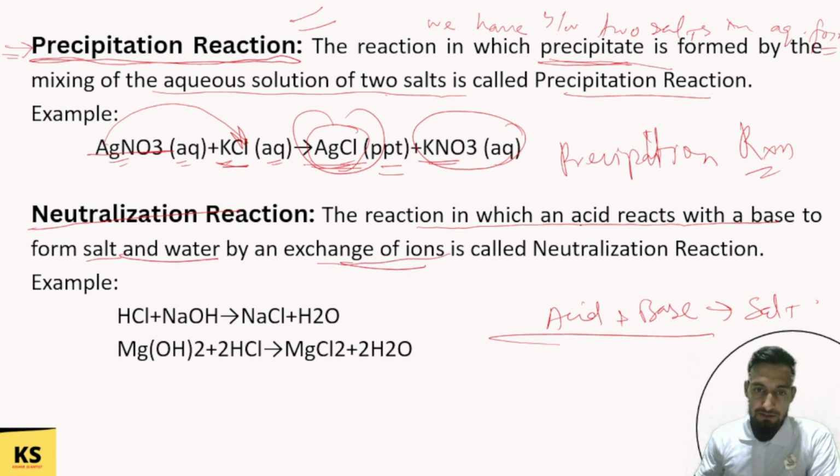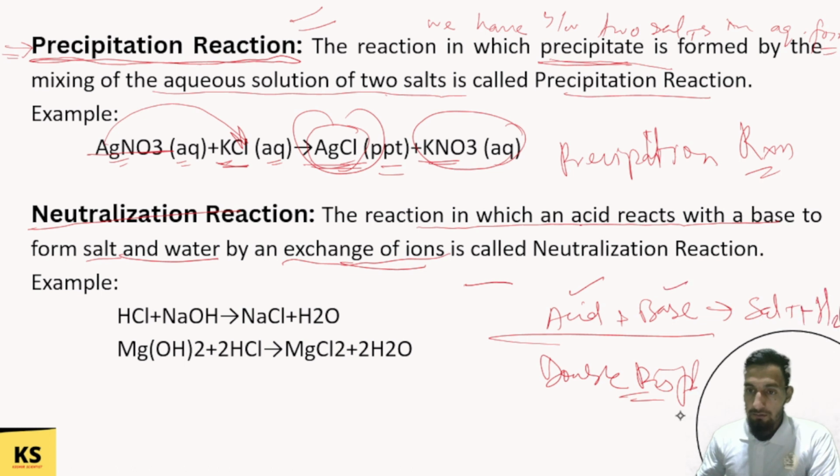When there is exchange of ions, what type of reaction is this? Double displacement reaction. So a neutralization reaction is actually a double displacement reaction between an acid and a base to form salt and water.